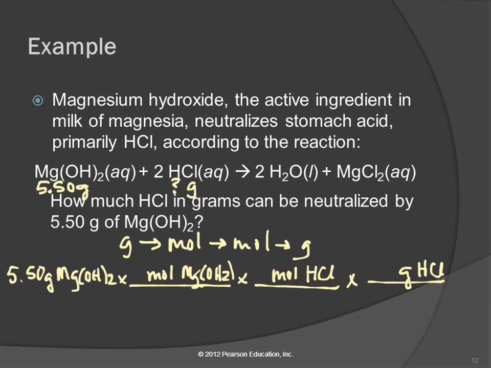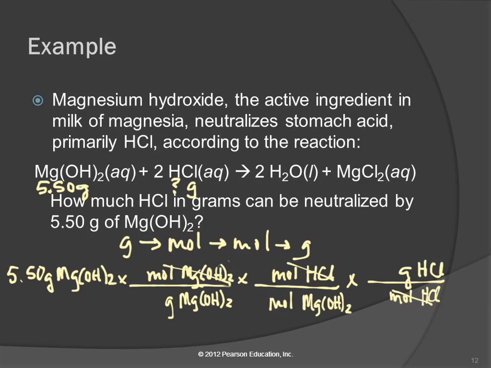So then in the denominator, grams. Oh, that's really sad there. H, the 2's on the outside. Sorry about that. And over here, we've got moles of magnesium hydroxide. And down here, we've got moles of HCl. And so we make sure that our units are canceling out.